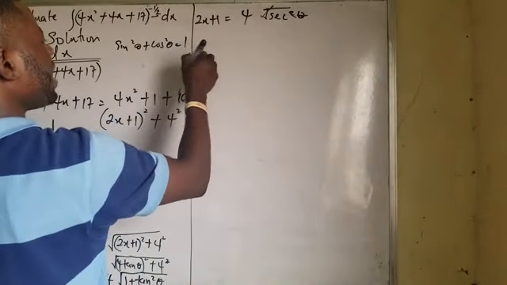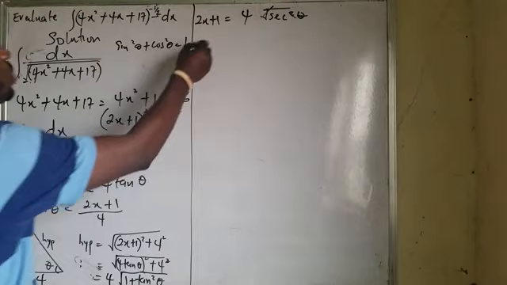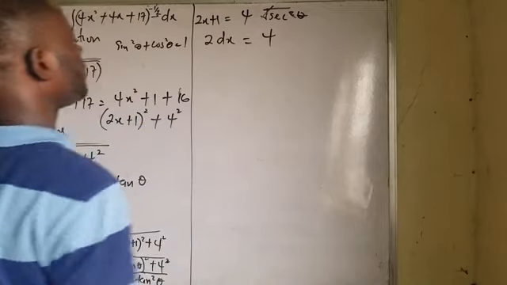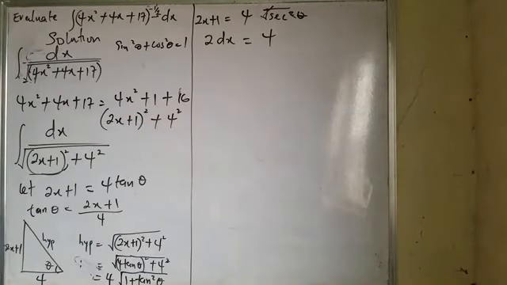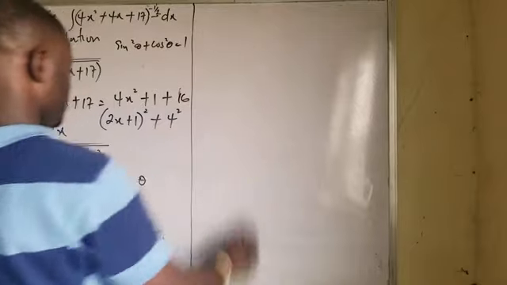It means I'll be talking about 2 dx equals 4, and if I integrate sec, I will be having... Now, I need to check on something, otherwise I may not be able to get something good. Just hold on, let me come back again, because I discovered some things now.